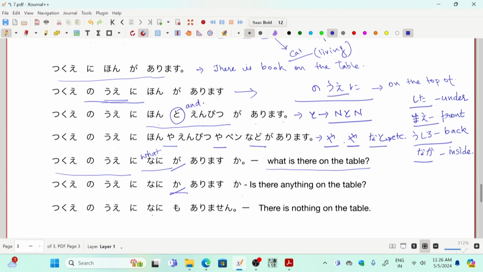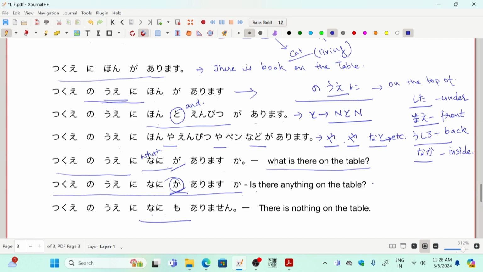Tsukue no ue ni nani mo arimasen. If we want to say there is nothing, so nothing answer will be given with nani mo. So again let's repeat. Tsukue no ue ni nani ga arimasu ka? Tsukue no ue ni nani ka arimasu ka?